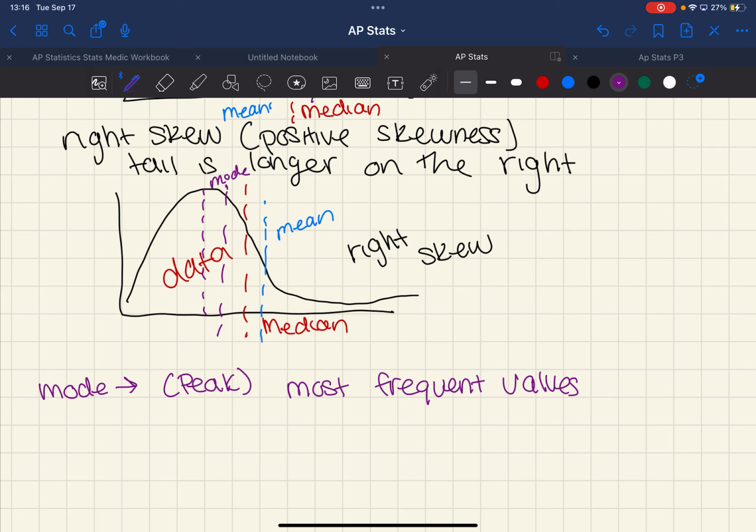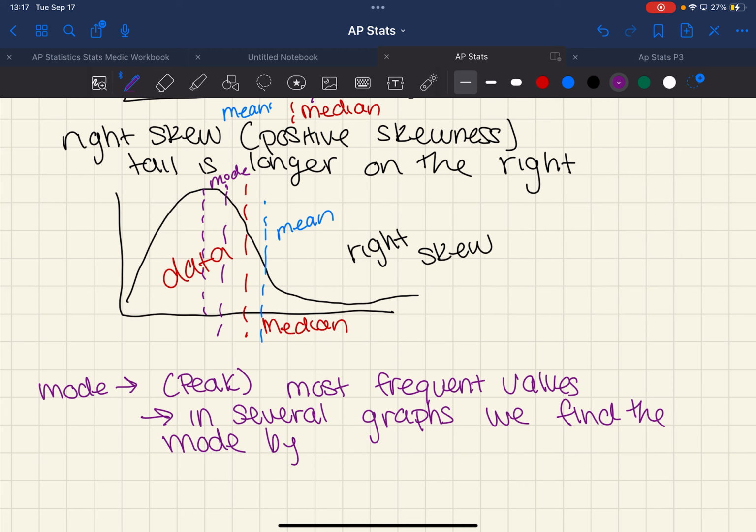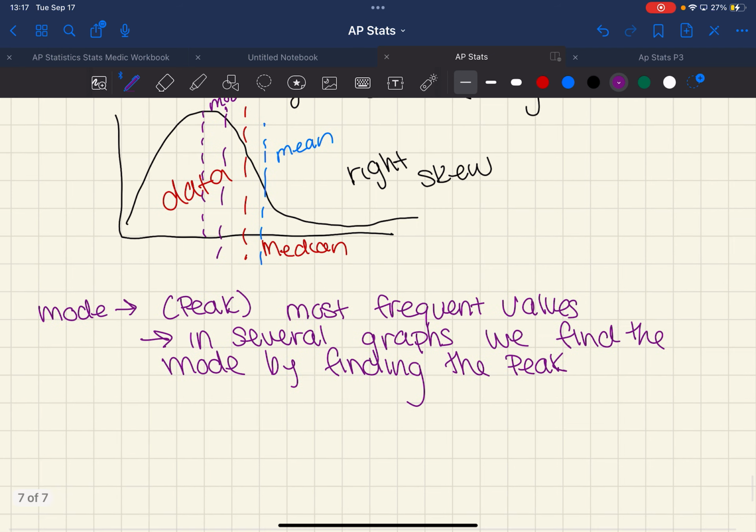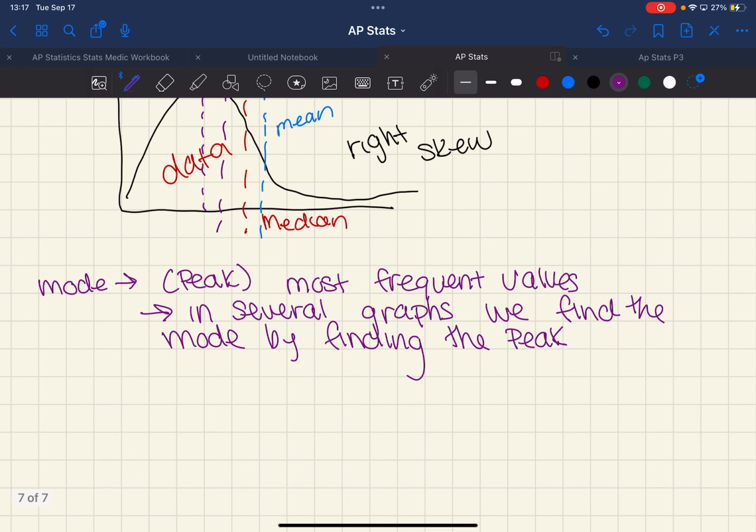So in several graphs, we find the mode by finding the peak. Okay. So that means if we are unimodal, there's one mode.